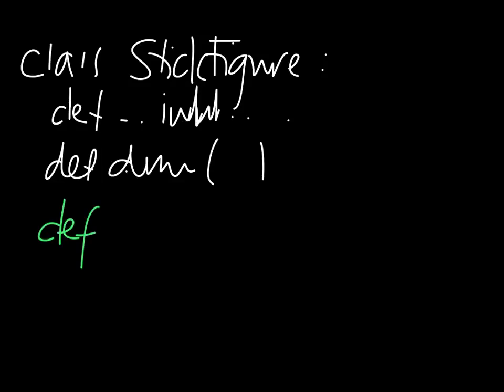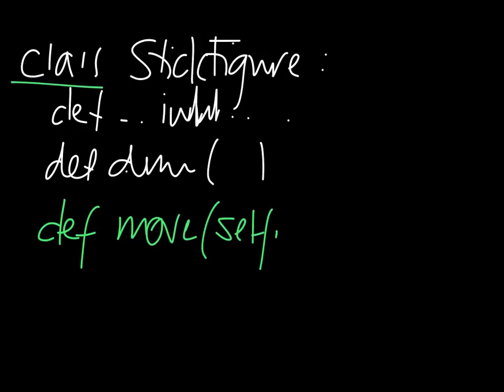So we go def move. Always use the first argument self because it binds it to the class. Then, are we passing this move function anything? Yes, we are. We are passing it a window. No, sorry, not a window. We are passing it the amount we want it to move by. So let's call that dx and dy. Okay, let's turn it back to green.